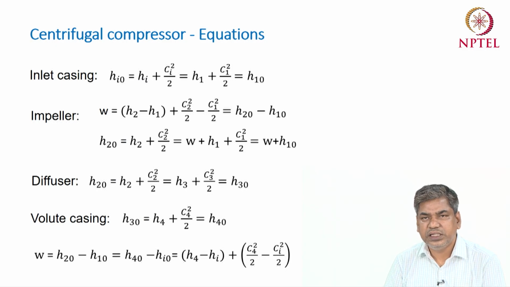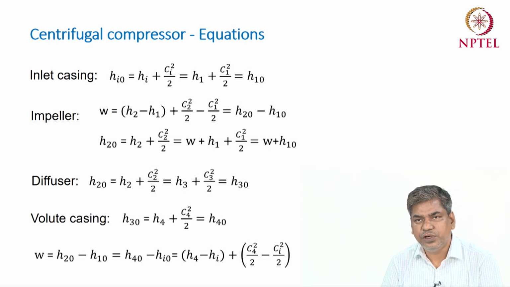After that there is a diffuser. In the diffuser section there is no external energy input or output, so the total energy will remain the same. That means H20 is equal to H30, where H20 can be written as the enthalpy plus kinetic energy at point 2, and similarly that is equal to the enthalpy and kinetic energy at point 3.